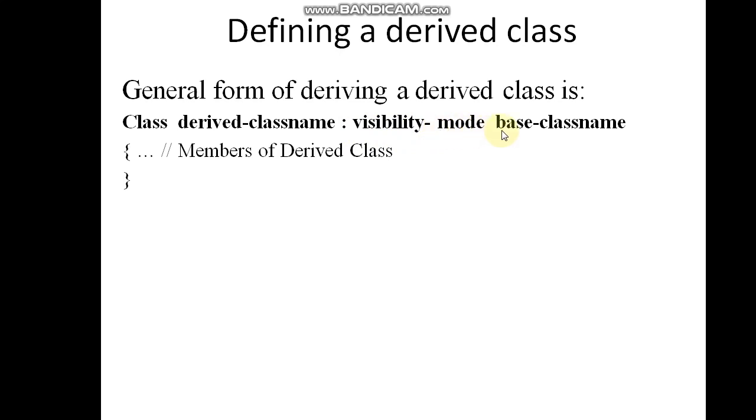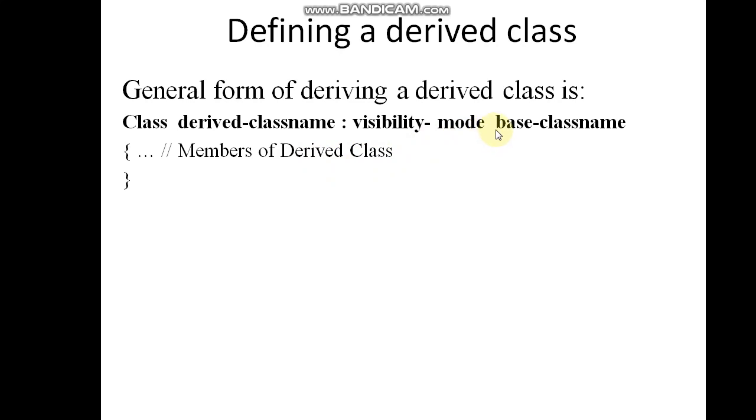Visibility mode, base class name. So this first line indicates that the properties of a base class are inherited by this derived class. Now, along with the inherited properties, the derived class can have its own members.